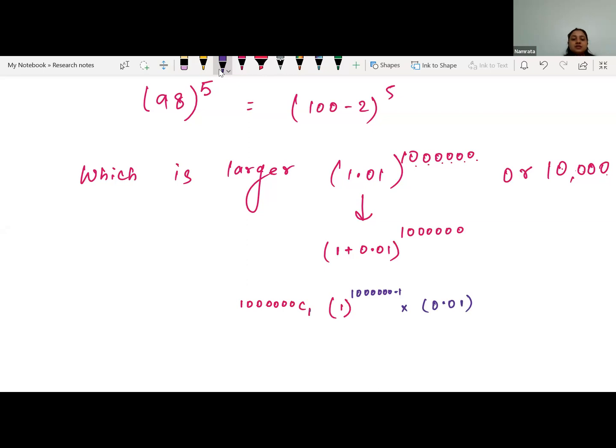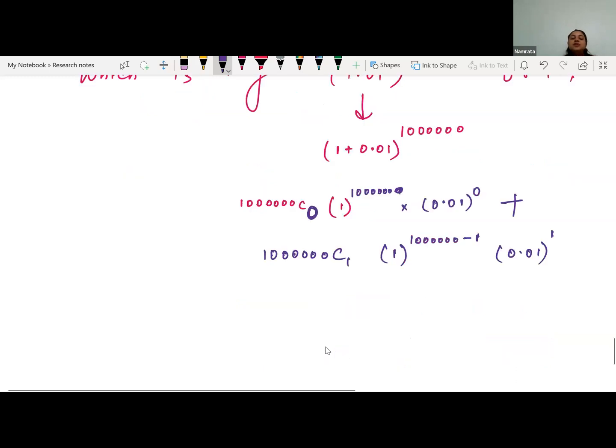The first term is nC0, then the first term to the power n minus 0, and the next term to the power 0. Next is nC1, first term to the power n minus 1, and the next term 0.01 to the power 1, right? Yes, ma'am. This is how we do the expansion.